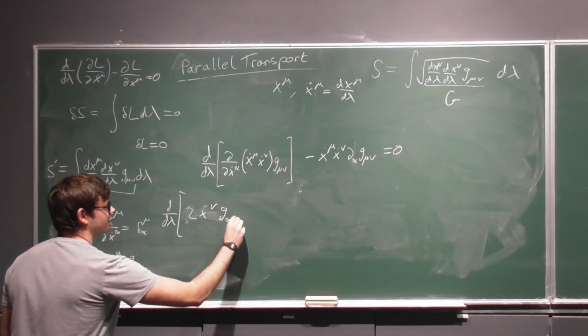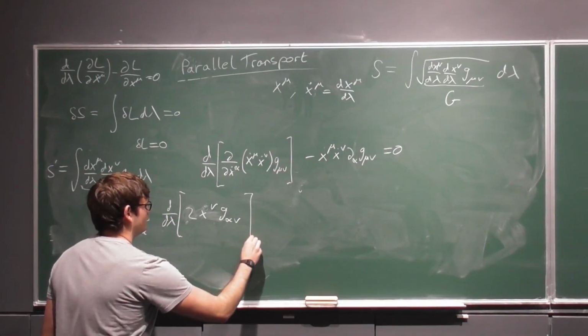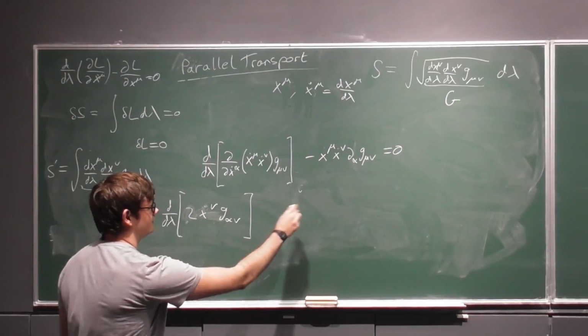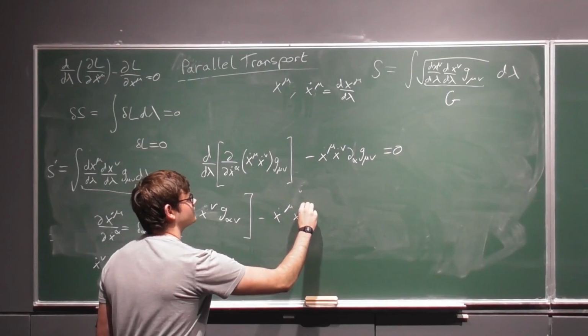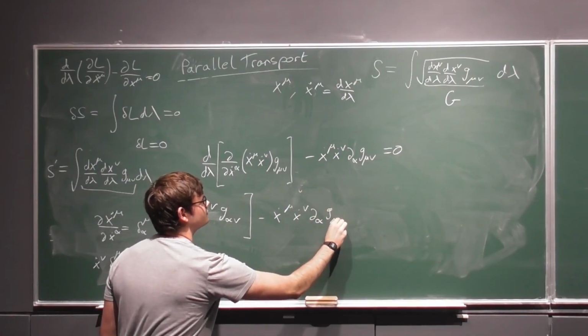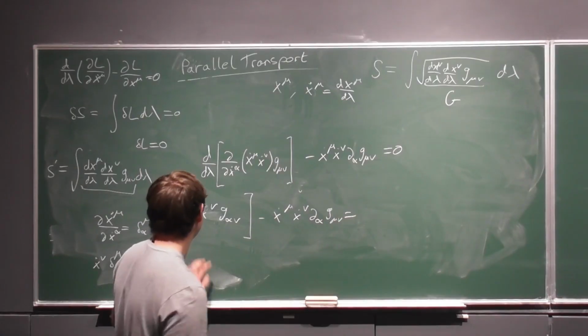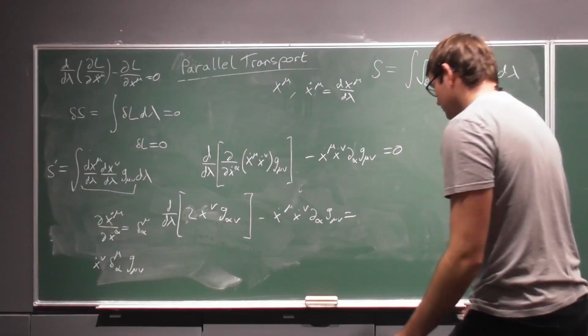So the alpha is there, and the nu is contracting. Okay, that's good. So that gives us what's inside there, and then it's just minus this x dot nu, the alpha nu.